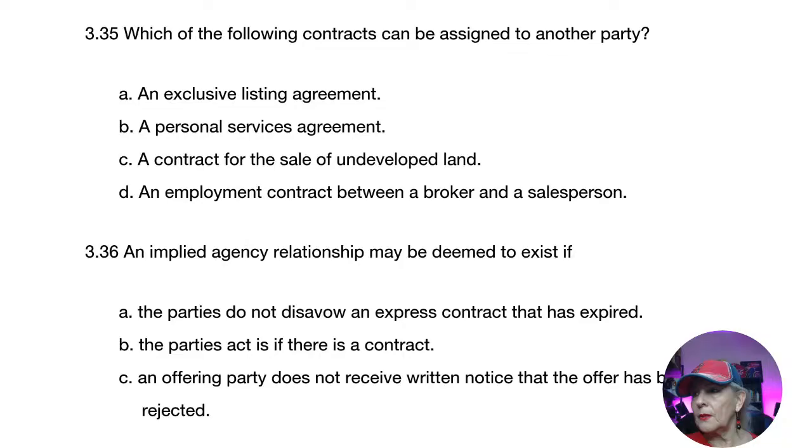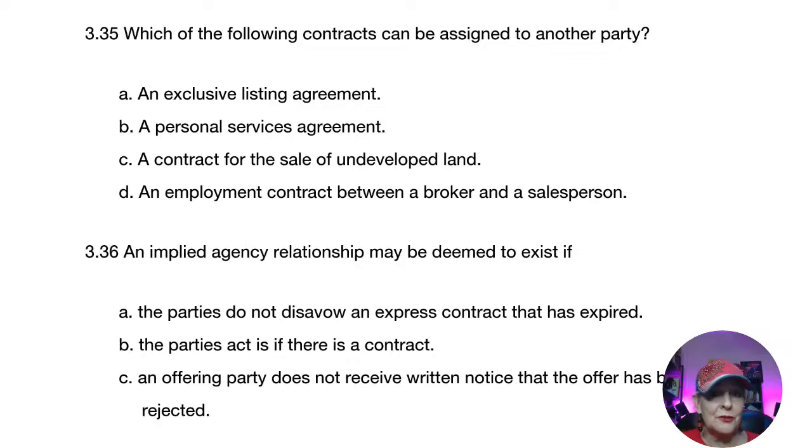All right, number 35. Which of the following contracts can be assigned to another party? A, an exclusive listing agreement, B, a personal services agreement, C, a contract for the sale of undeveloped land, or D, an employment contract between broker and a salesperson? In those contracts, they'll have the name of the buyer and it'll say and or assigned to someone else.